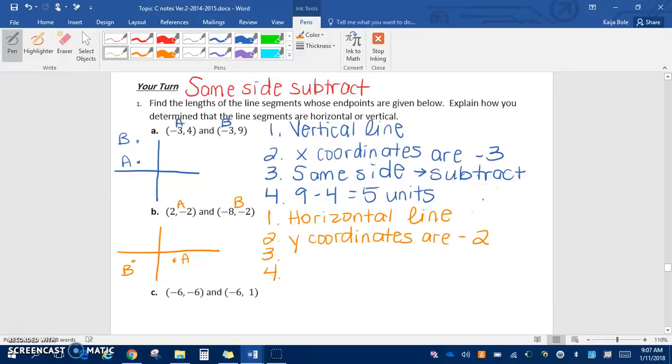So that's number 2. Number 3 then, we're looking to see, are they on the same side? And they're not. They're on opposite sides of an axis. So that means they're on the opposite side. So you're going to write down opposite side. And when they're on the opposite side, that is when we add.